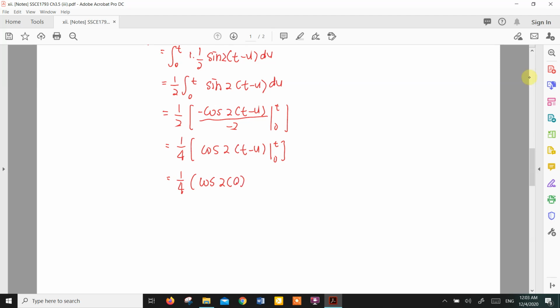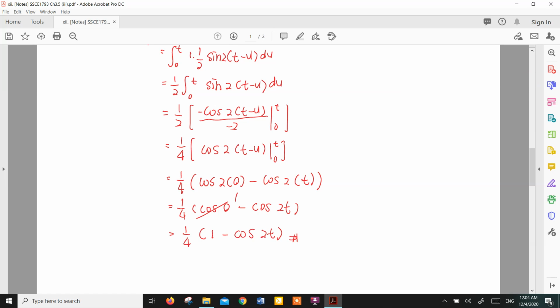So this is cos 0, minus cos 2(t-0), you substitute 0 into u. So it will be cos 2t. So cos 0 minus cos 2t. So cos 0 is equal to 1, right? So 1 over 4, 1 minus cos 2t.